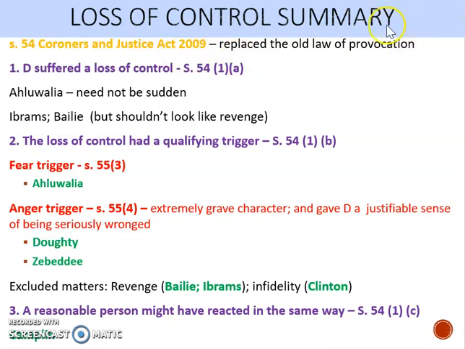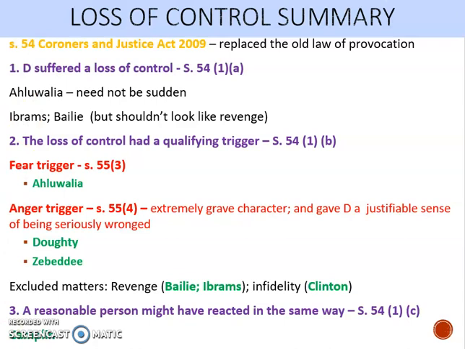And if you remember, provocation was an ancient defence that was really problematic because it was based on paradigmatically male ideals, and the way it was framed made it very difficult for women to plead successfully. So we replaced the law on provocation with loss of control, but a lot of the cases that we look at with loss of control, like Ahluwalia, are old provocation cases, but it's fine for us to use them and talk about them here.